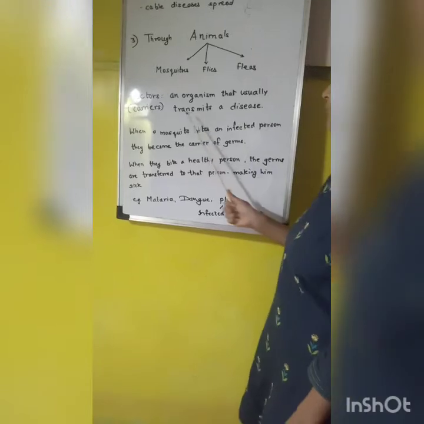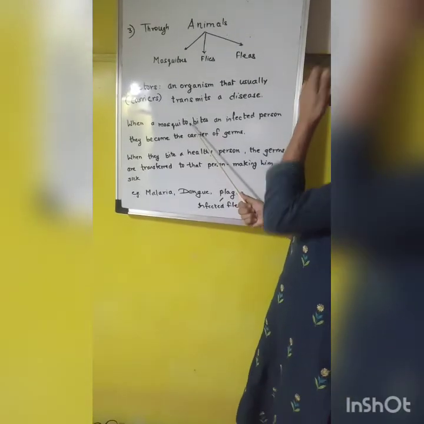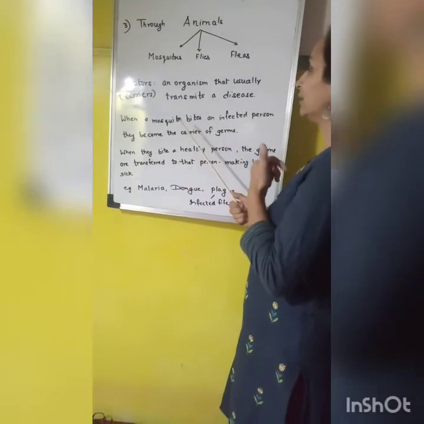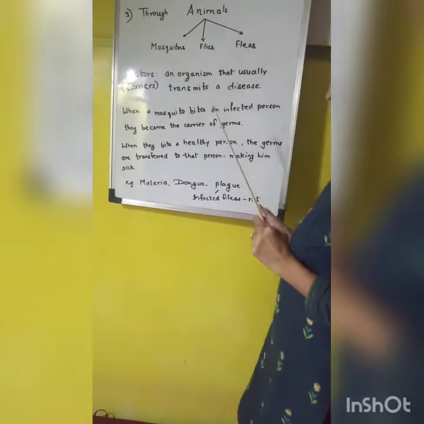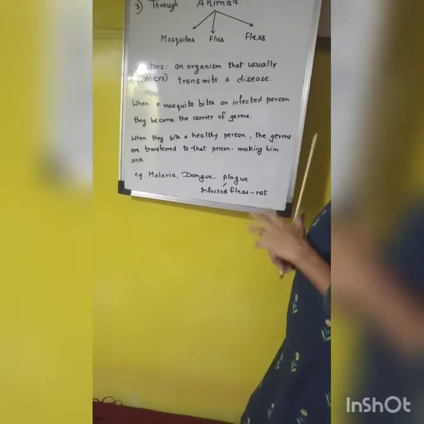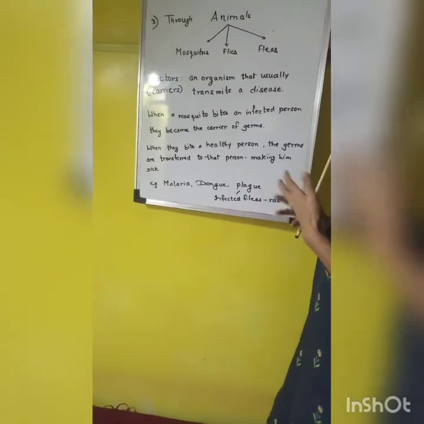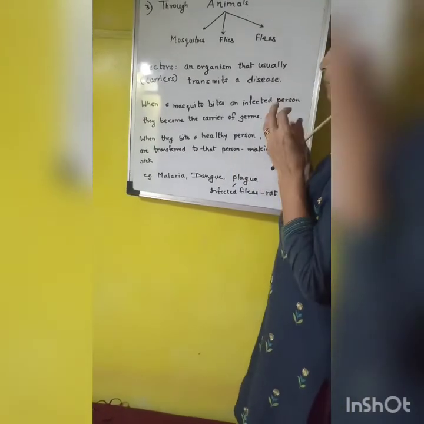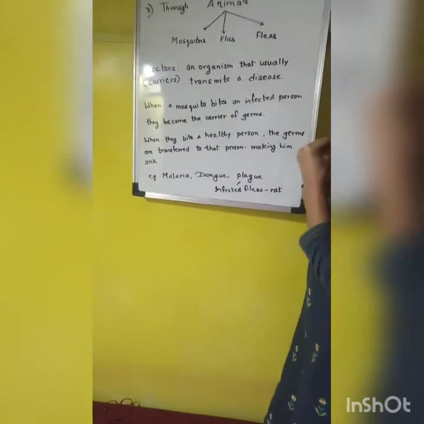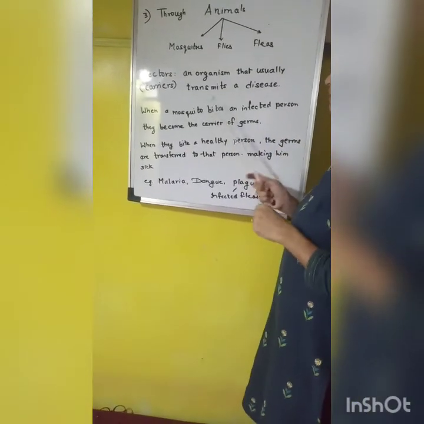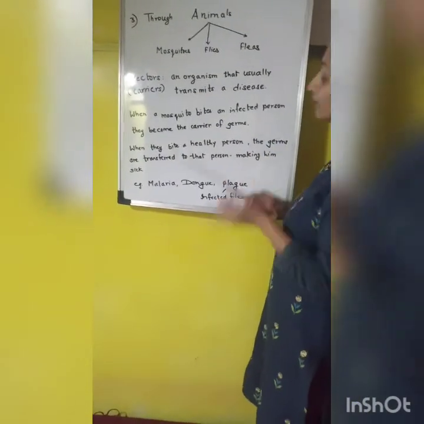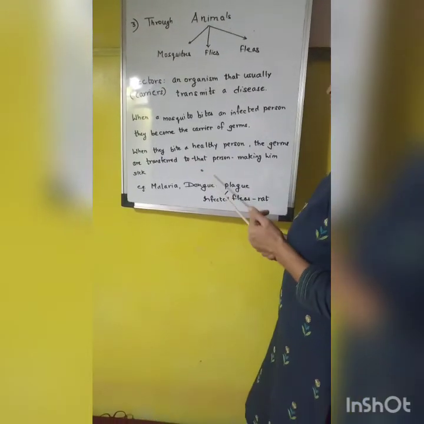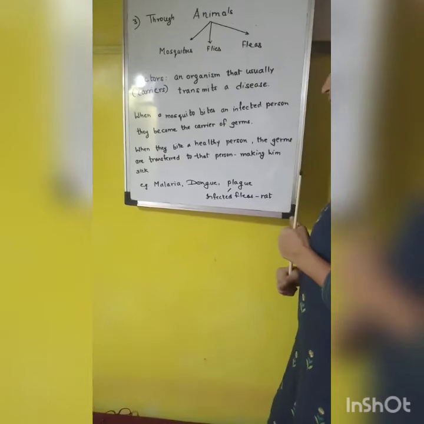So we'll take an example of the mosquito, because we are very well aware of diseases caused by mosquitoes like malaria, dengue, etc. So when a mosquito bites an infected person, a person who is suffering from malaria, that protozoa or those microorganisms will reside in the gut of the mosquito, and the moment this mosquito bites a healthy person, these germs will be transferred to that person, making him sick.